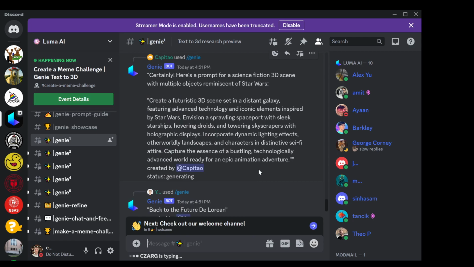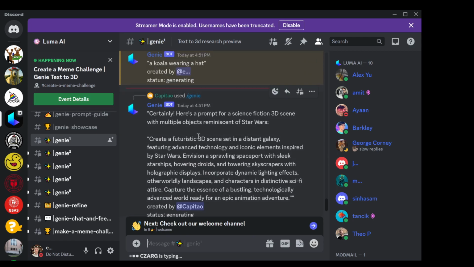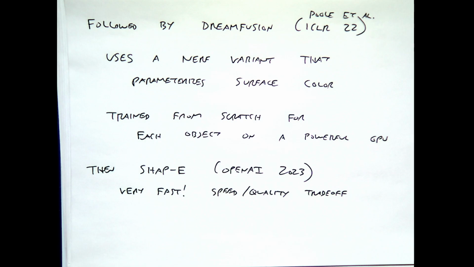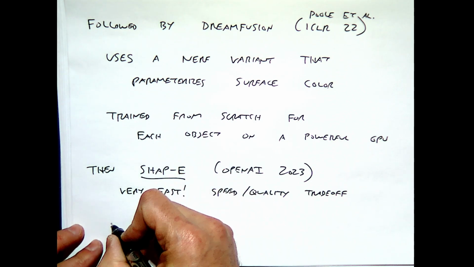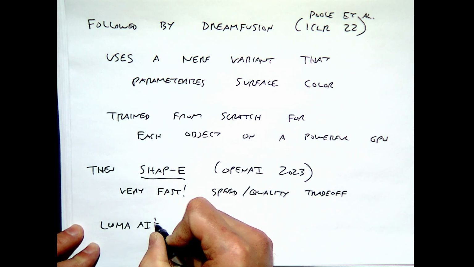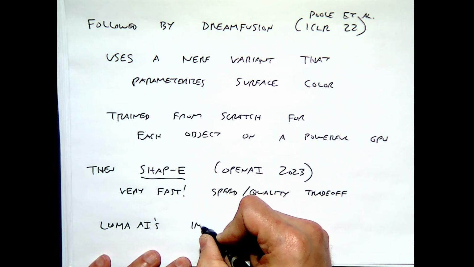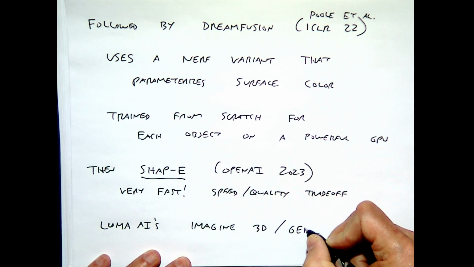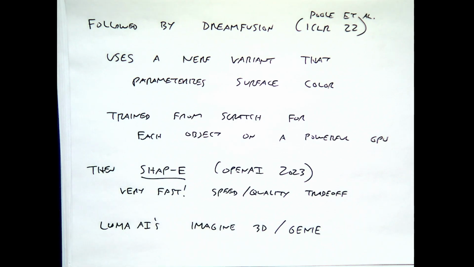And I guess also it can generate some prompts. When I did this earlier, it was pretty fast. So we can come back to this once it generates my koala. So Shapey, also Luma AI's Imagine 3D, also known as Genie, is what we were just using. Oh, okay, I got my koala. So let's go back to Discord.